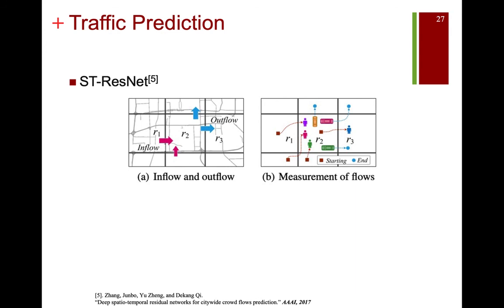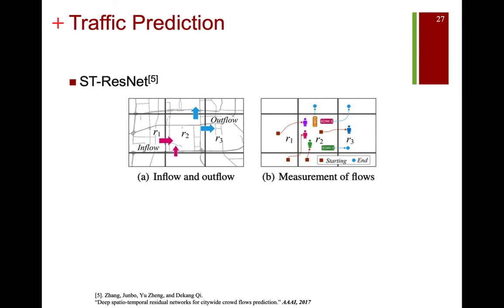And then the overall objective is to predict the inflow and outflow for each grid cell across the whole road network. And this can provide the mobility patterns and also the tendency of movement for the whole population in some specific time intervals.